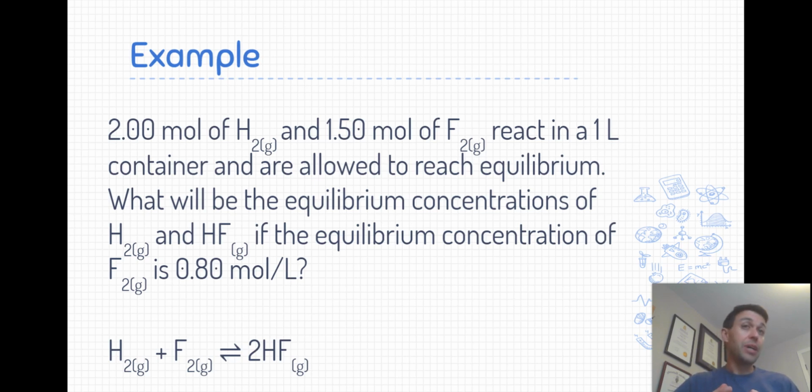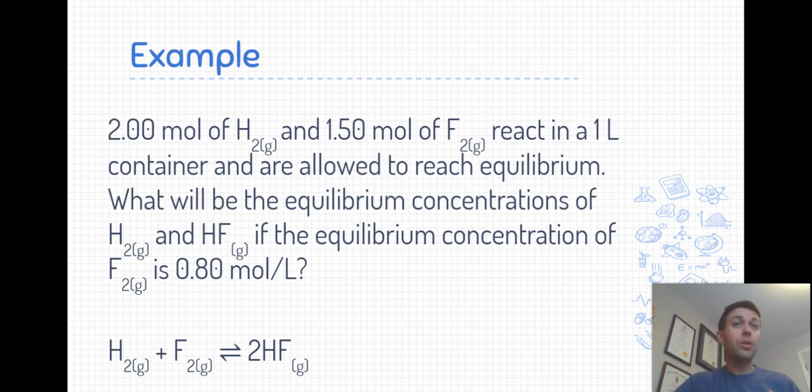We're going to let the system react and reach equilibrium. And what we're going to try to find out is the equilibrium concentrations of the hydrogen and hydrogen fluoride gas if we know that the equilibrium concentration of fluorine gas is 0.8 moles per liter.